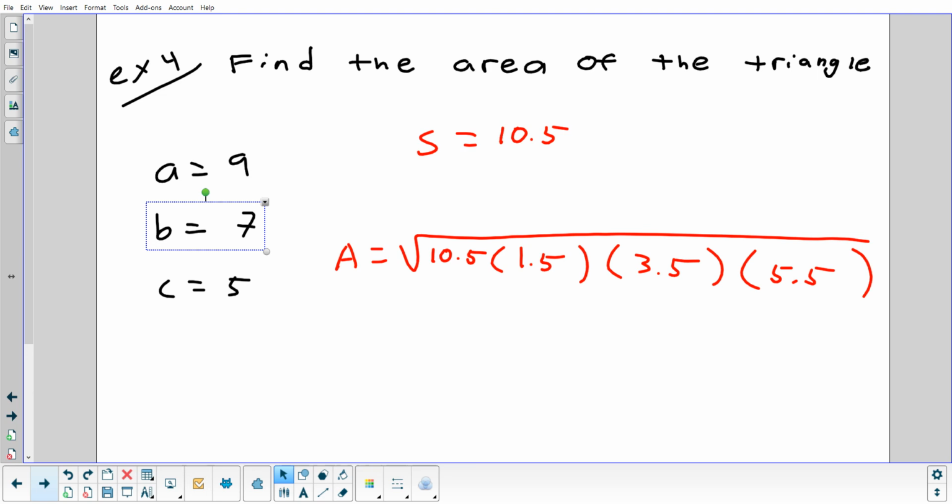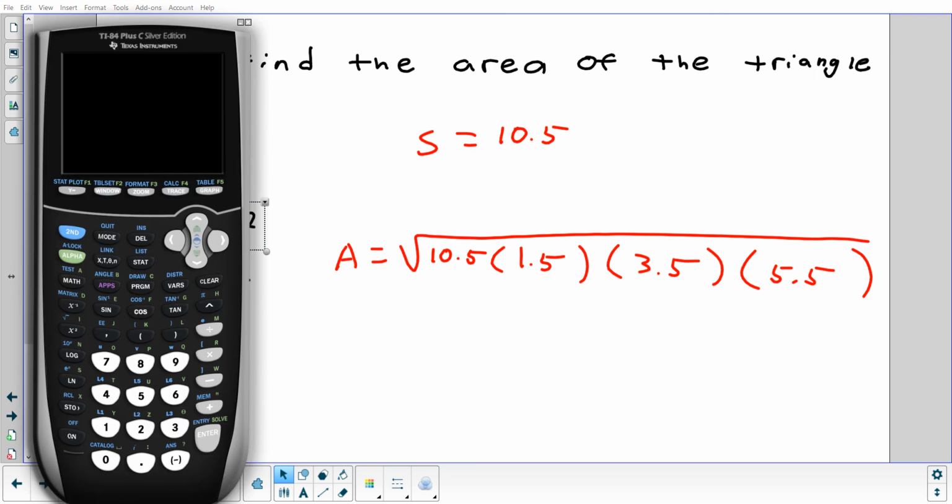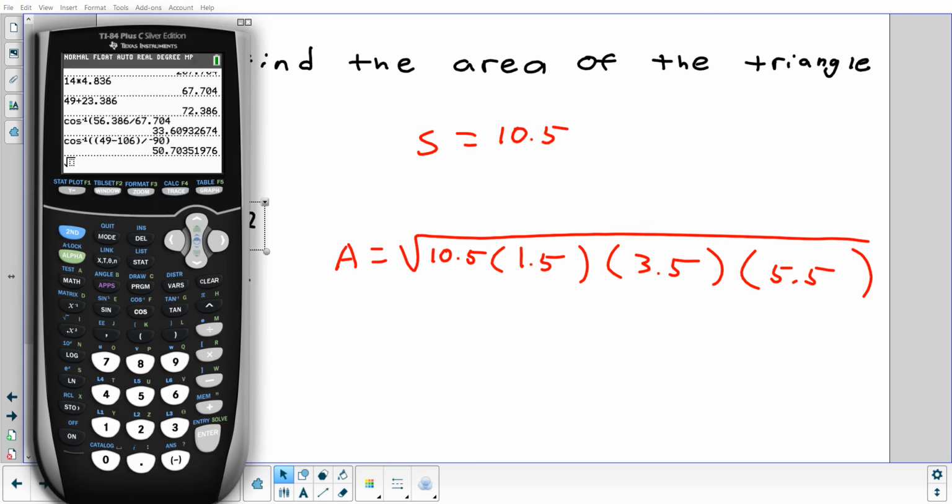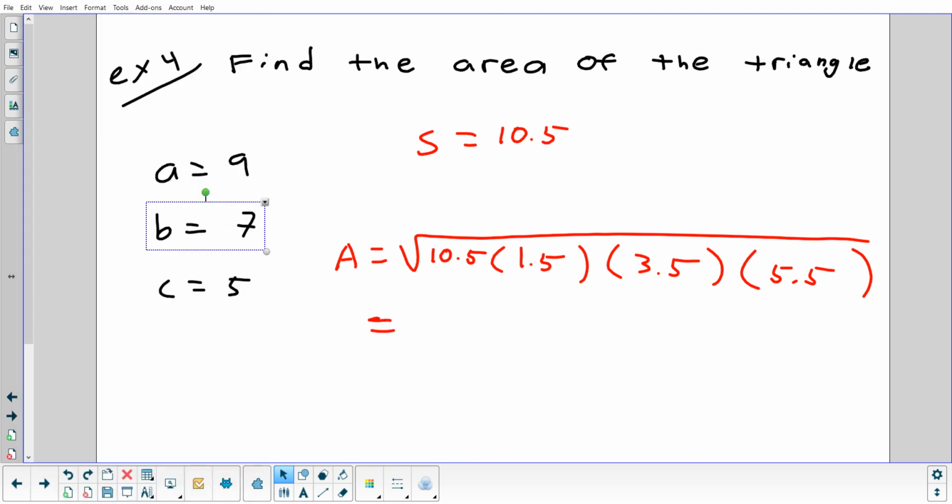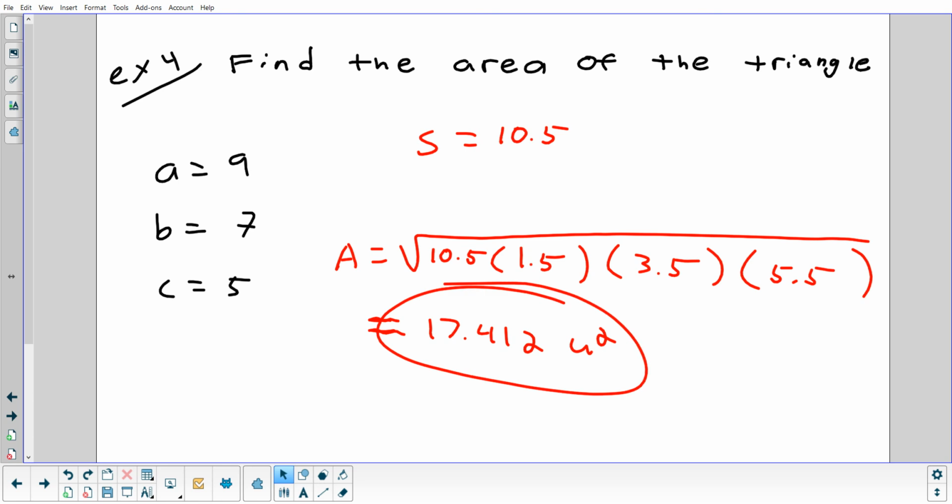That'll give you the area. We can just check what it is. Square root of 10.5, 1.5, 3.5, and 5.5. So the area should be 17.412. And all done without having to find any angles at all.